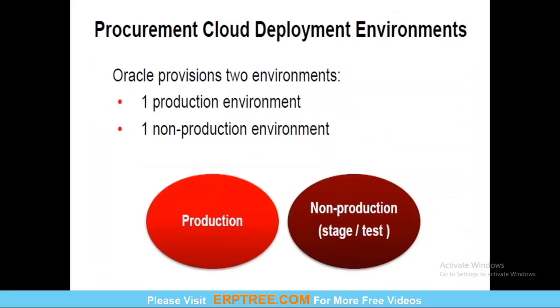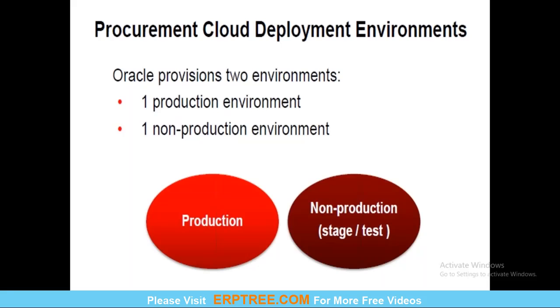So these are some of the deployment environments. For each implementation that is going on, generically you will have two instances. One is your test environment or stage environment, and the other is production. But based on the request, you can have multiple, even more instances than this, based on your scenario.